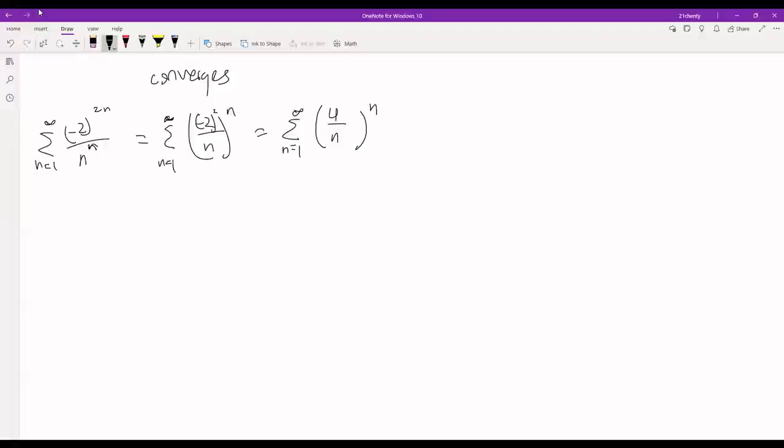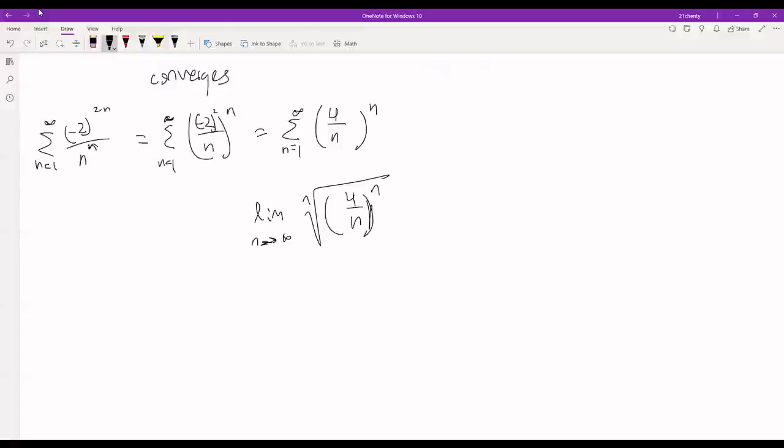And so now we can do the root test. We'll just take the nth root of this expression. So the limit as n approaches infinity of the nth root of (4 over n) to the n.